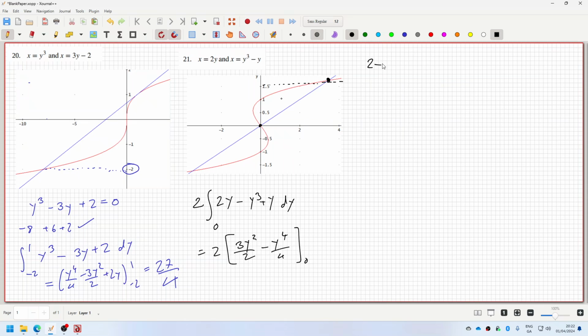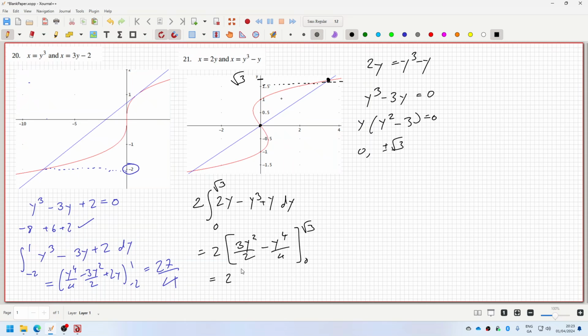So 2y equals y cubed minus y. So that means y cubed minus 3y equals 0. So that's y times y squared minus 3 equals 0. So yeah, it's 0 and plus and minus root 3. So that's root 3 here. The 0 doesn't matter, of course.